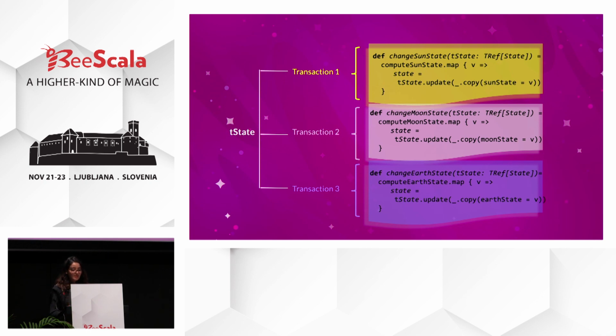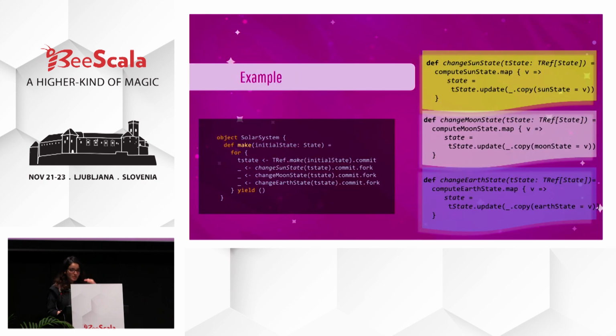And the update and the get will return another STM result. So each change of the state will be defined in a transaction. We will have 3 transactions that will share the tstate of type TRef.